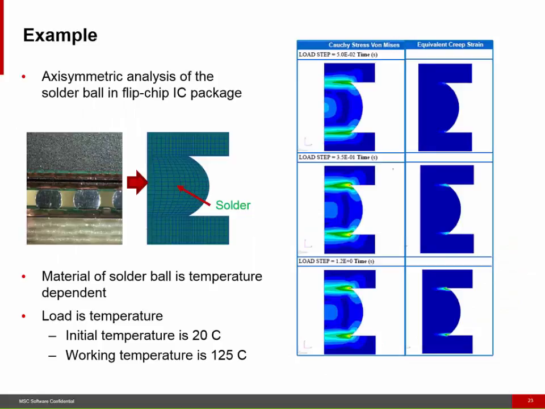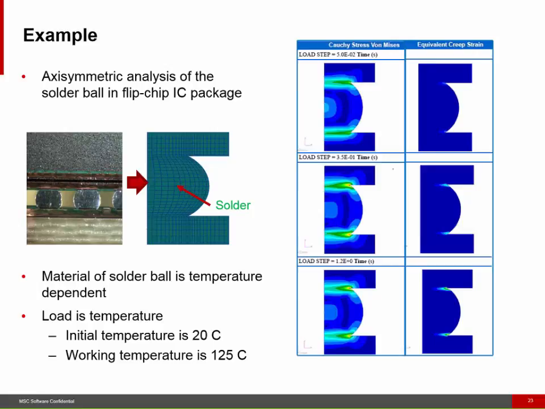So here's one example, an axisymmetric analysis of solder balls that is used in a flip chip integrated circuit package. And the purpose here is to study the development of creep strains under thermal loading conditions. And the material of the solder itself is temperature dependent, and we use, of course, the new Anand creep viscoplastic model to study the development of creep strains.